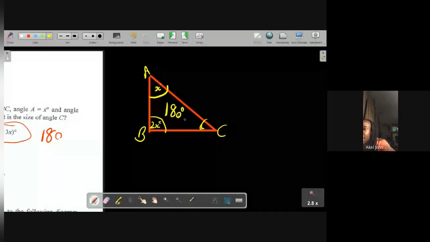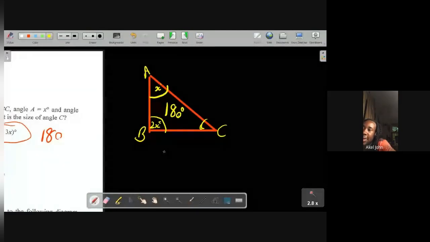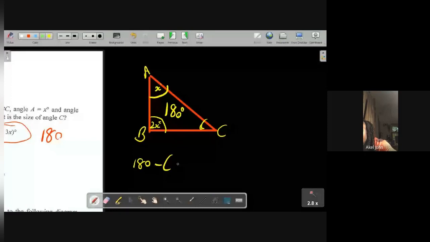So if we add A and B and subtract them from the total, we should get C. So 180 being subtracted by the summation of A plus B, which is x plus 2x, which is basically 3x, minus 180 degrees.